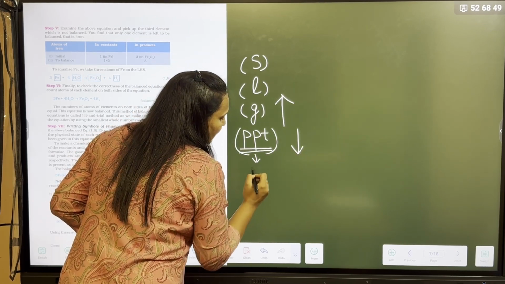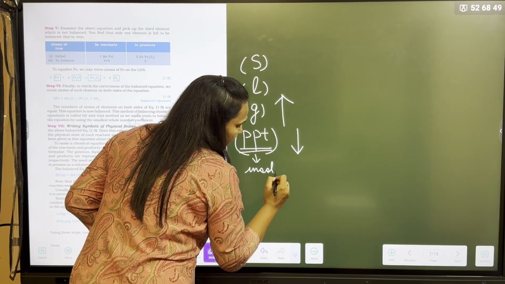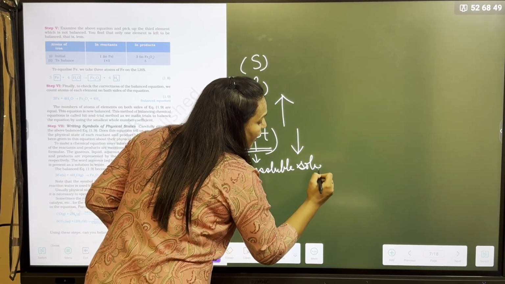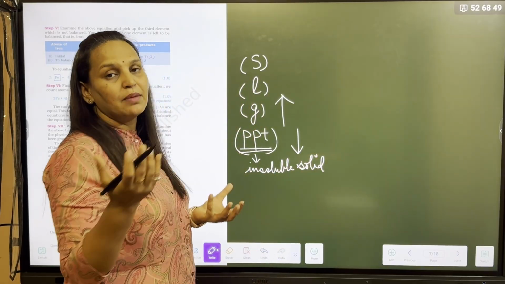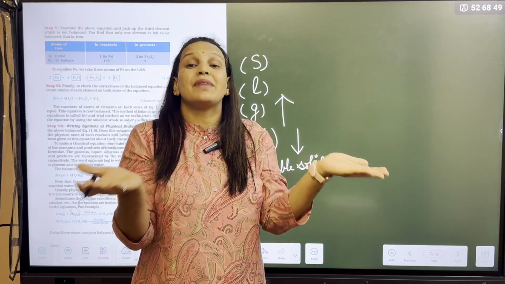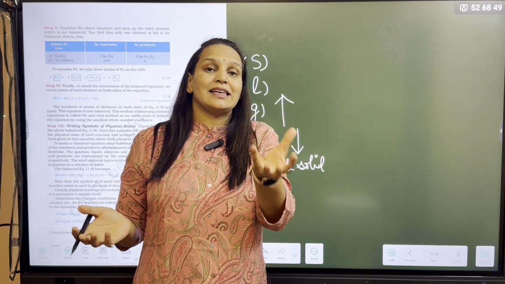Precipitates are nothing but an insoluble solid. The best example you see at home, when mama makes paneer from milk, when she puts lemon juice or citric acid in the milk, it gets precipitated, that paneer acts as a precipitate.